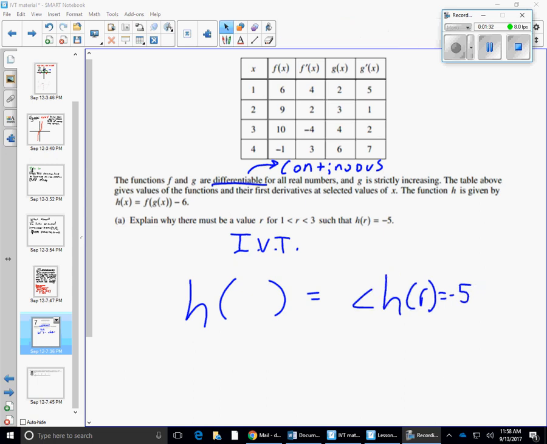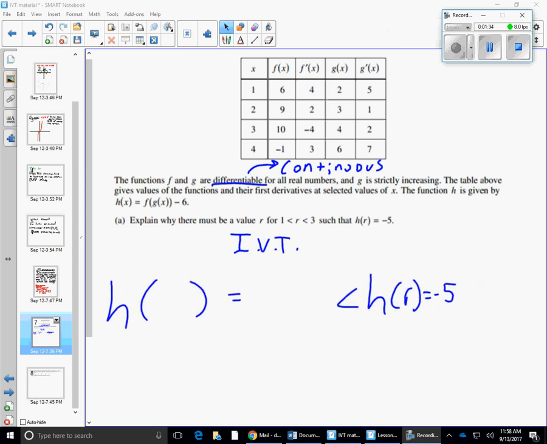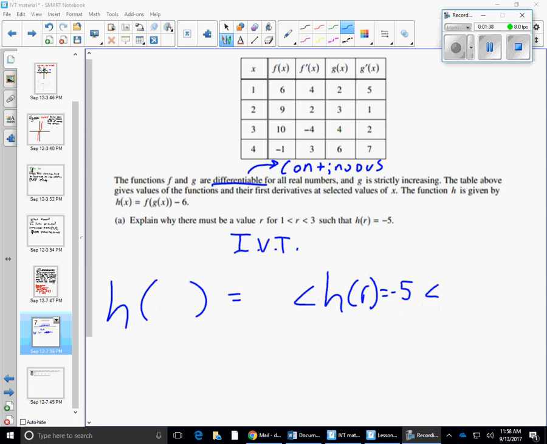And I'm going to move this stuff over a little bit. And then that is less than h of something again. So let's look specifically at h of 1 and h of 3.